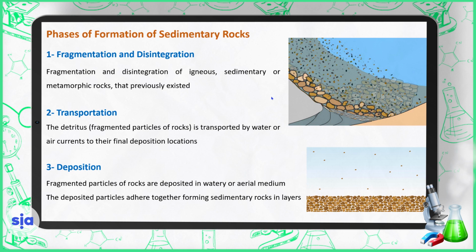We can summarize the phases of formation of sedimentary rocks as following. First of all, we have some rocks in a place. Then, these rocks, by the weathering and the erosion process, are fragmented or broken down. Then, these rocks will be transported to another place.